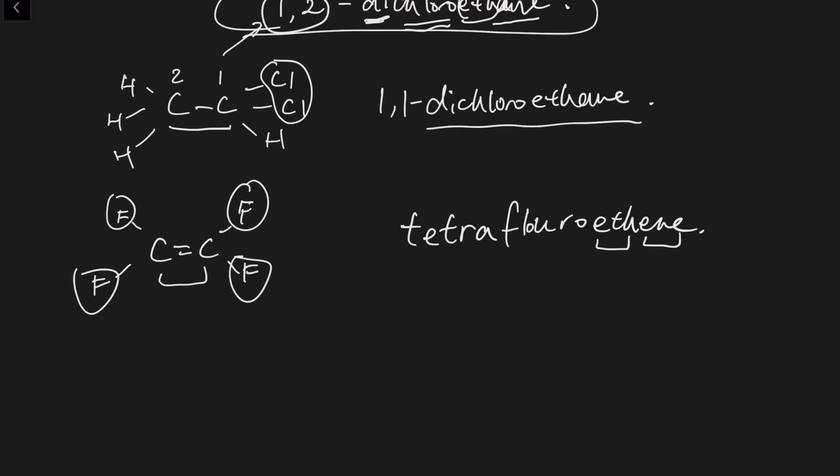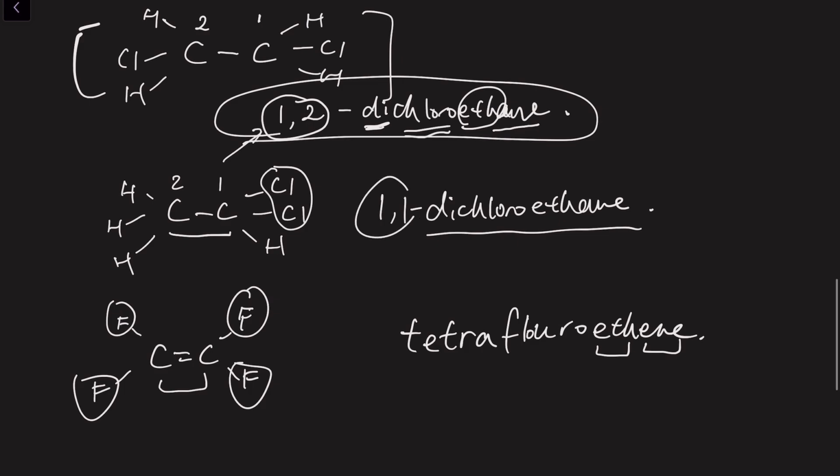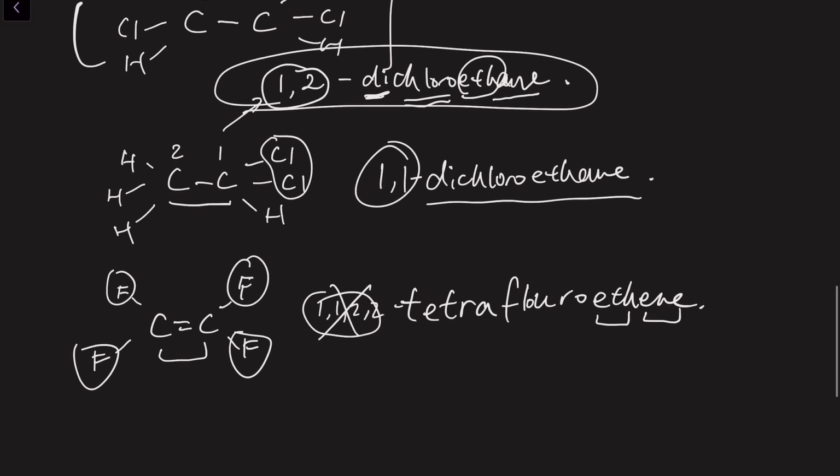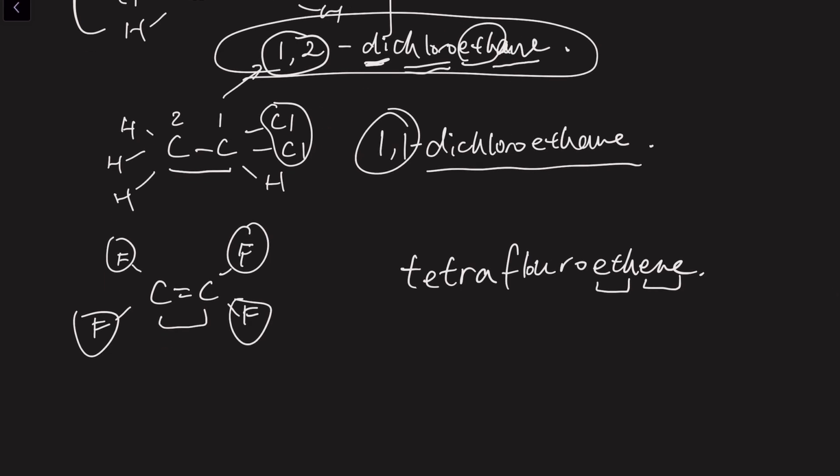So based on our previous discussion, you may be tempted to write the name as 1,1,2,2-tetrafluoroethane. But this is actually not needed, because it is already implied. If you have 4 fluorine atoms in this molecule, then you automatically know that all of the hydrogen atoms have been replaced by the fluorine atom.